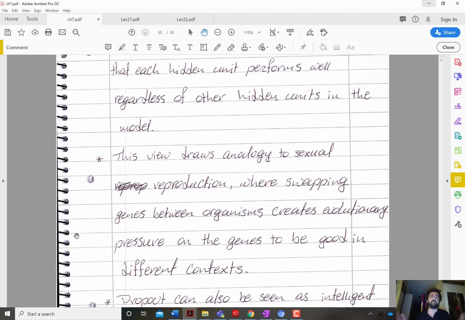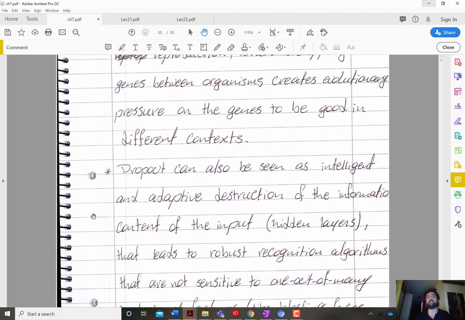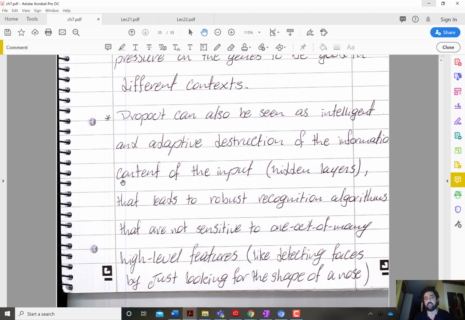But that might be very fragile, because maybe some image has a blurry nose, or is taken from an angle where the nose is not very clear, and then it fails at recognizing. So to put pressure on the network to learn the different high-level features, Dropout can be very useful in these cases, because the hidden layers are learning these abstractions.